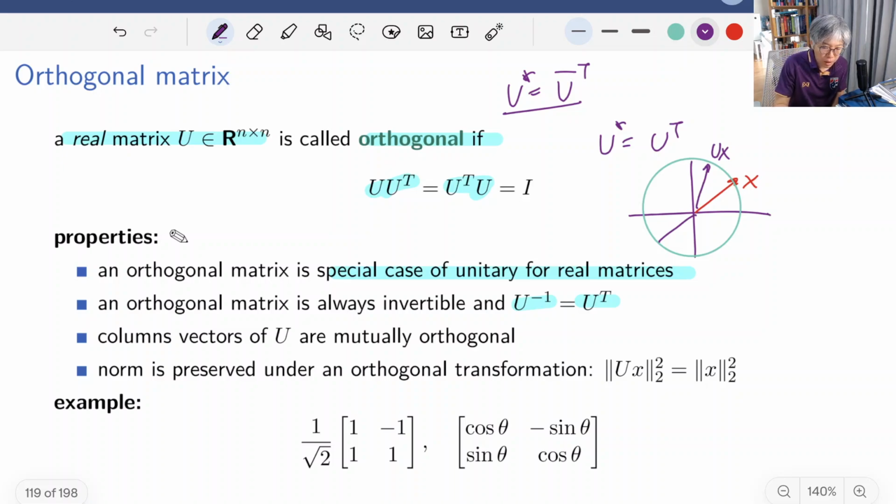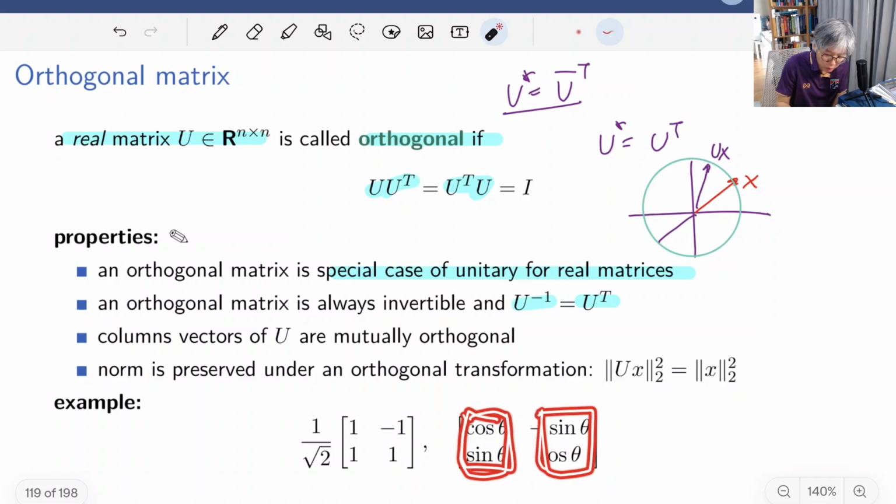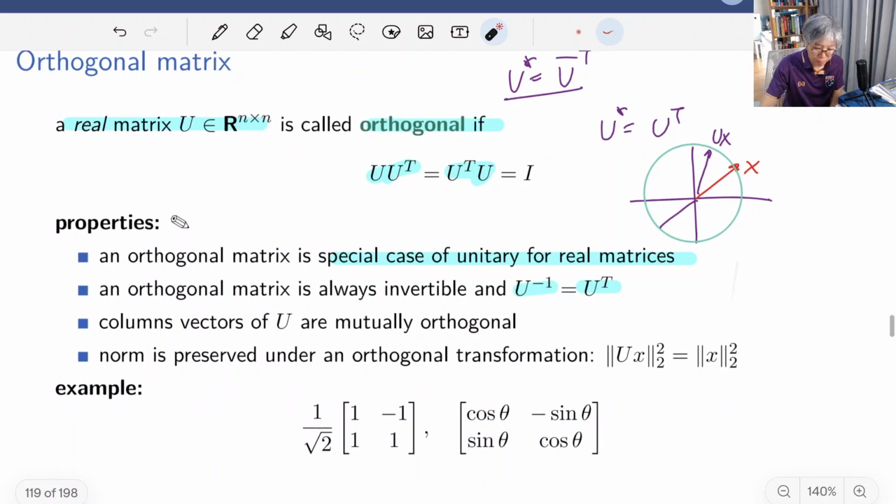Here is an example of an orthogonal matrix. You can quickly see that the two columns are orthogonal. When you perform the dot product between any pair of columns in an orthogonal matrix, it's going to be 0.